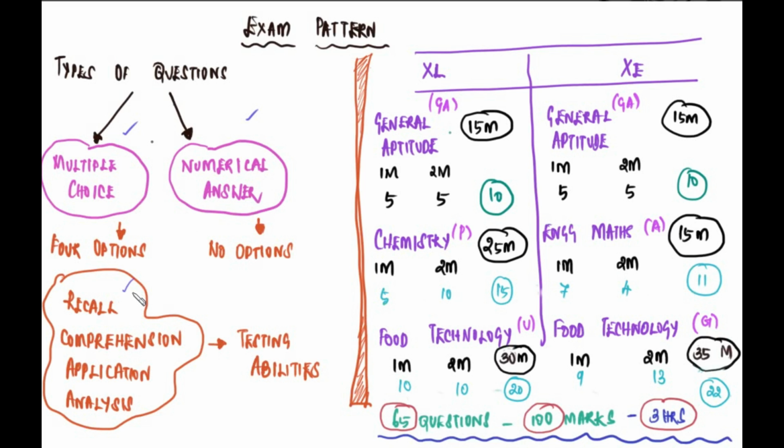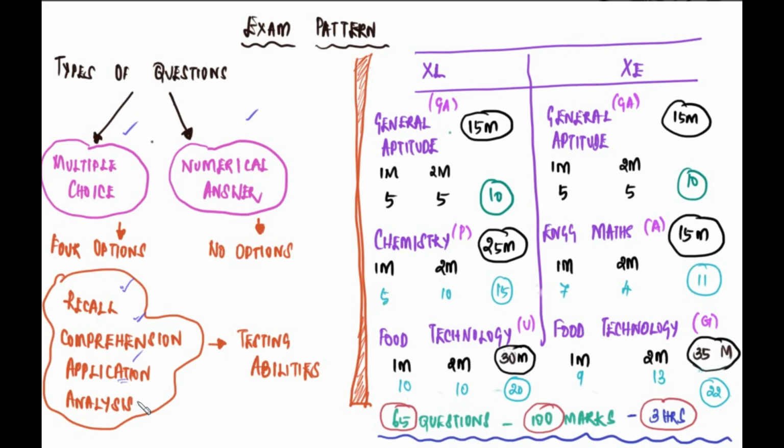For comprehension, having your basic facts, you will have to understand better, so the question will not be a direct recollecting question, but instead you will have to use the facts in something else and then answer. An application type is similar, where you will have to apply what you have learned in a practical situation.